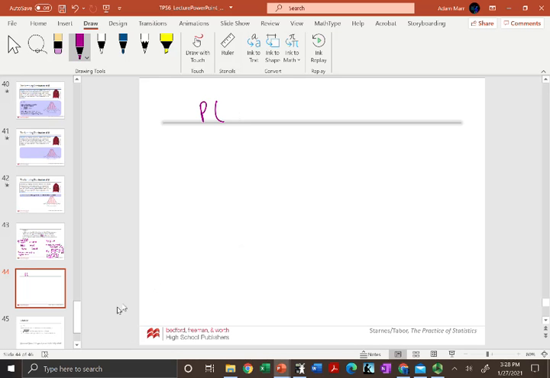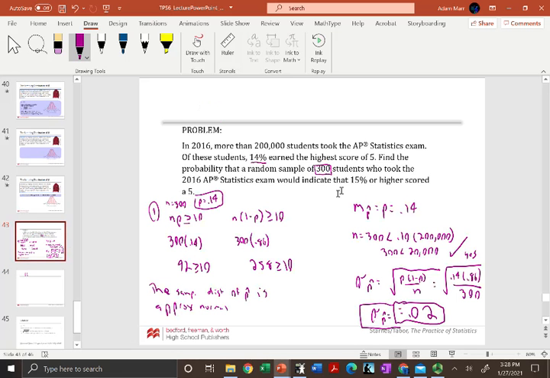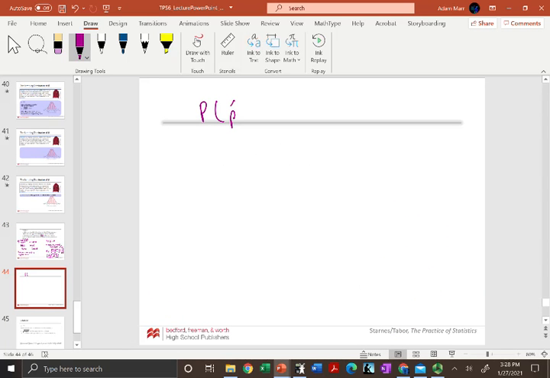So right here is the probability that a random sample of 300 students who took the exam would indicate that 15% or higher scored a 5. So we want a sample proportion greater than or equal to 0.15.